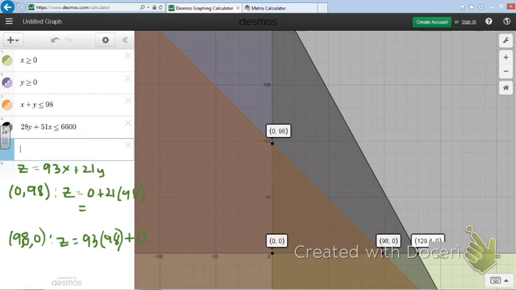Obviously, the largest amount is going to be when he purchases the microwaves, so that he can maximize his profit potential. So he's going to have 98 microwaves and 0 compactors.